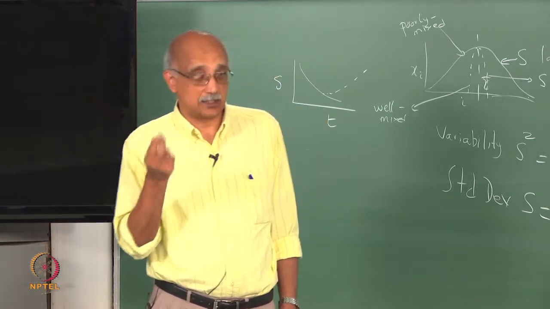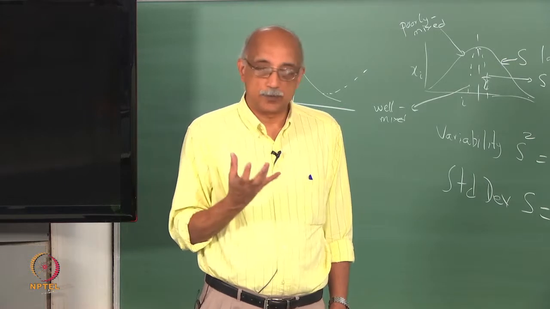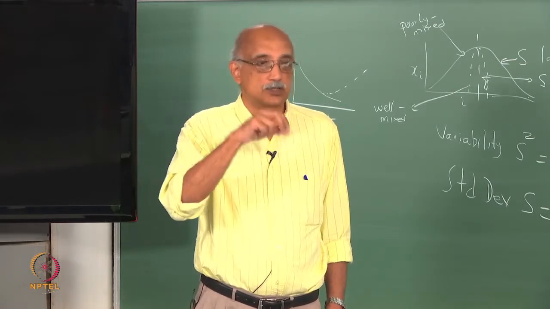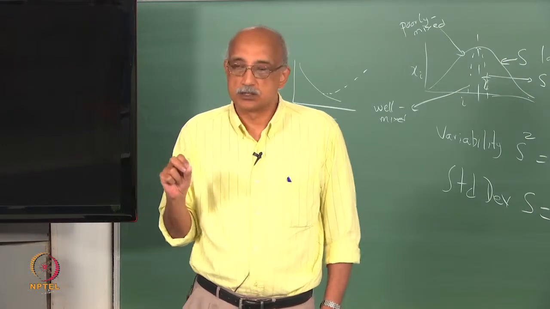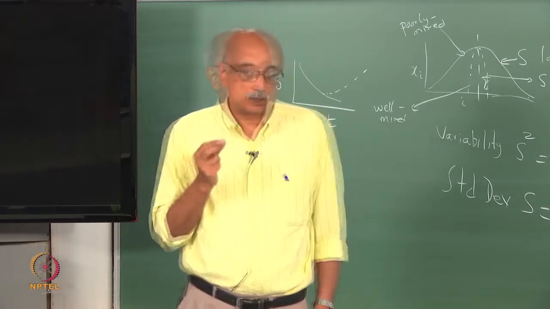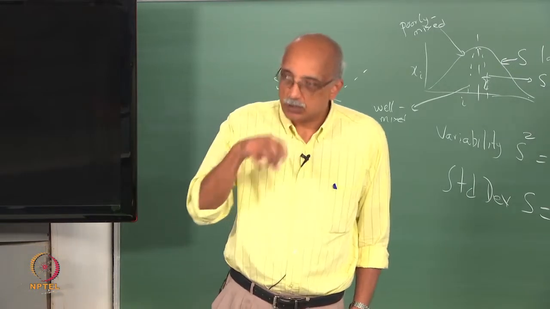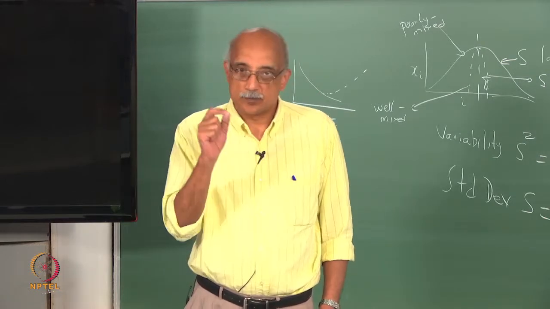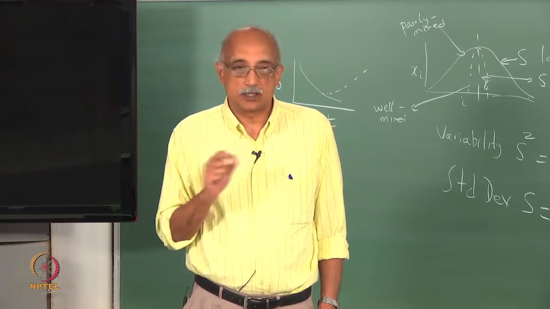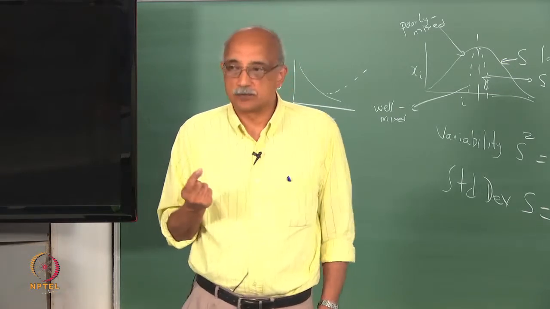It depends on the size again of the sample. If you take a sample that is very large compared to the individual dimensions of the sand and the salt, you are likely to get a value that is much closer to the mean value. But the smaller your samples are and the fewer the number of particles in each sample is, the more likely it is to deviate from the population mean.